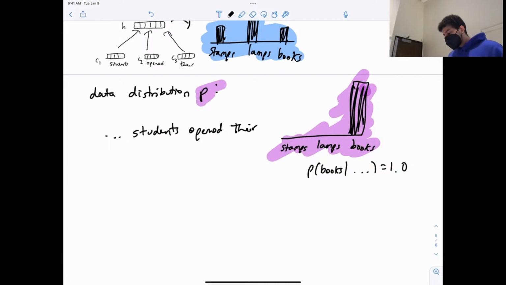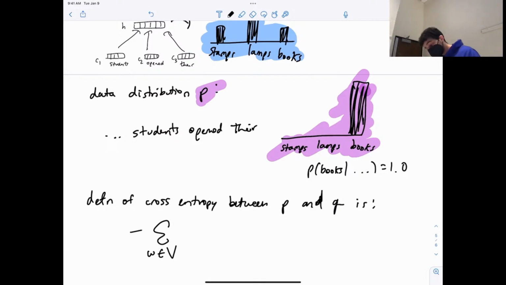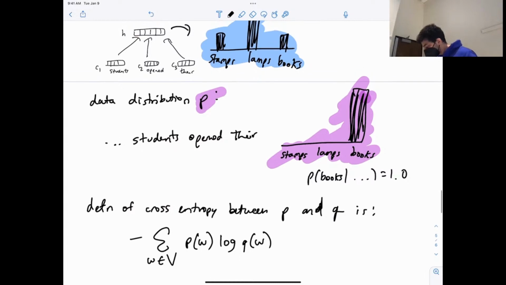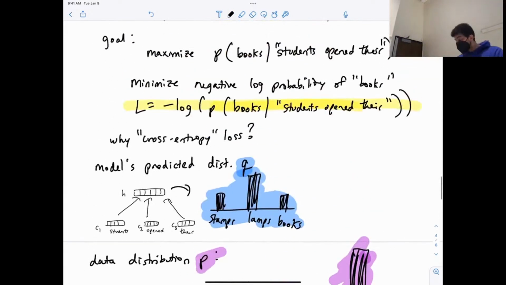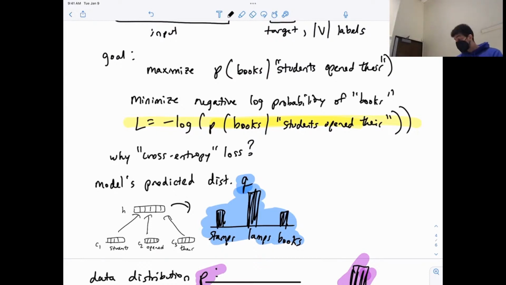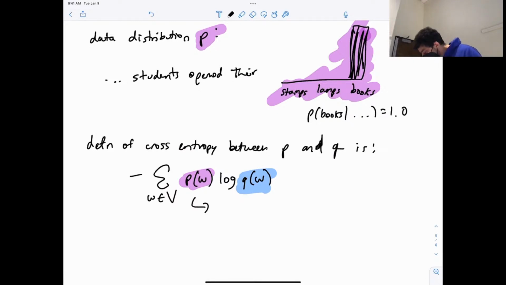All right. So then the definition of cross-entropy between two different discrete distributions, P and Q, is: we sum over all of the different words in our vocabulary, or all of the different classes, of P of W times the log of Q, the probability of W under the model. And now if you look at this, you can relate it back to what we set up here as our loss function, which is negative log P of books given students opened there. If you look at this, P of W here is our data distribution.